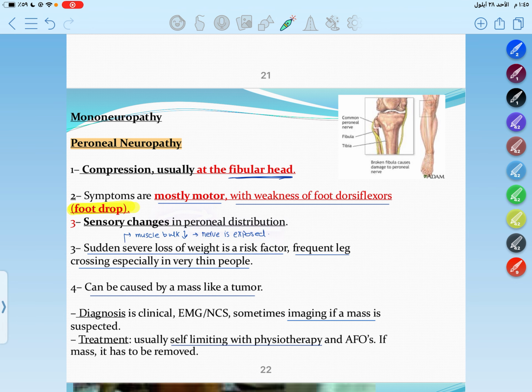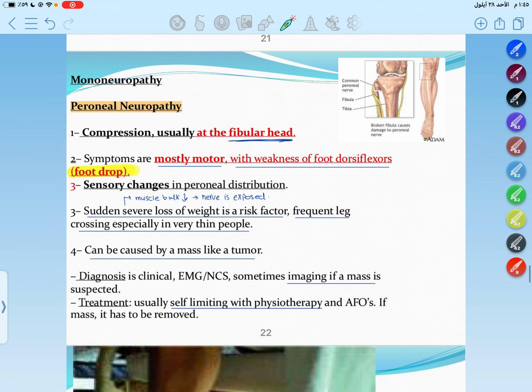There are certain predisposing factors. For example, sudden severe weight loss, like people who undergo slimming operations, or frequent leg crossing.